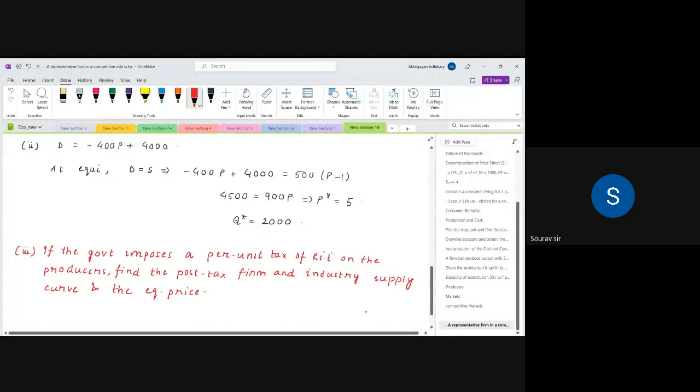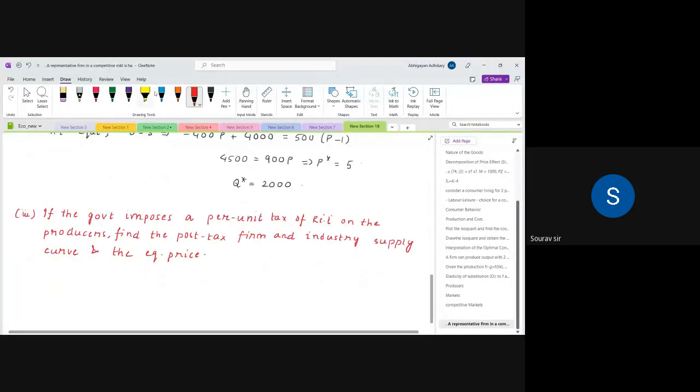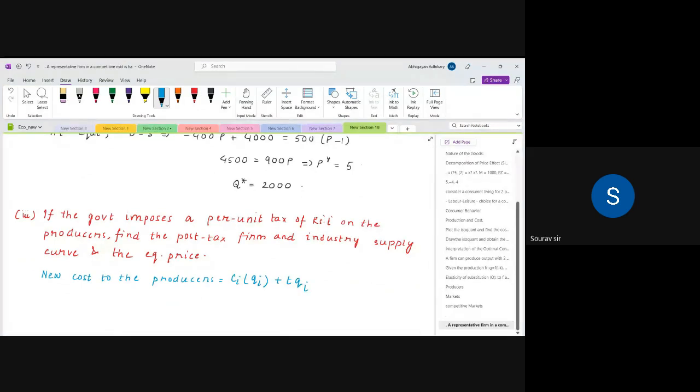So when the tax is levied on the producers, what essentially happens? It increases the cost of production, right? So now, what is the new cost to the producer? For every unit that it produces, it will be C_i of Q_i plus T times Q_i.